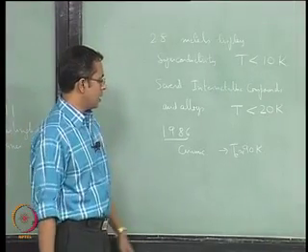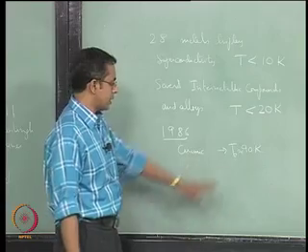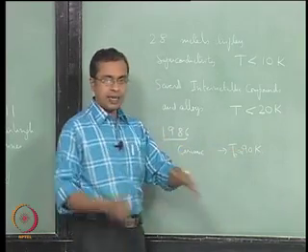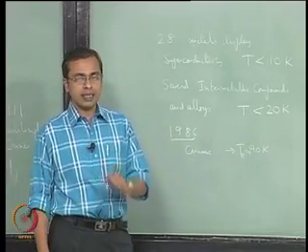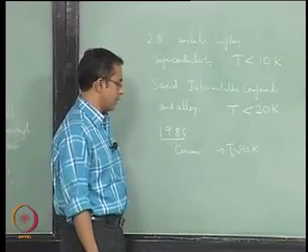Okay, so that is the basic idea that when you get to the 90 Kelvin, 100 Kelvin range, you can start reaching that temperature with liquid nitrogen.